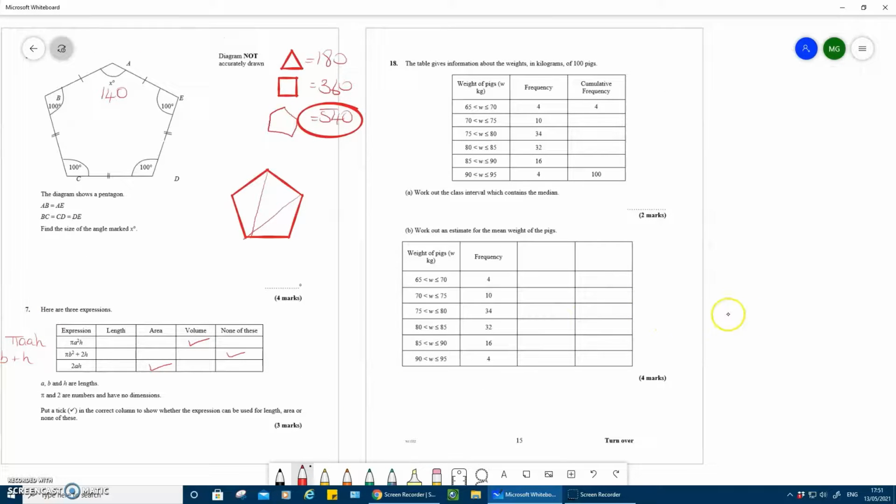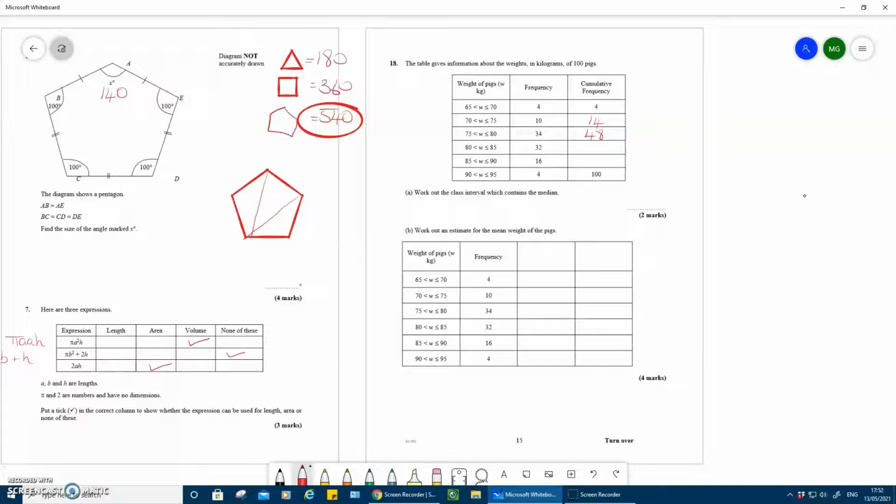Okay, question 18. Work out the median. So there's 100, and we're looking at cumulative frequency, so 4. We add an extra 10 on, we've now got 14 pigs below 75, somewhere between 65 and 75. Add on the 34, so now we've got 48, so 48 pigs are between 65 up to 80.